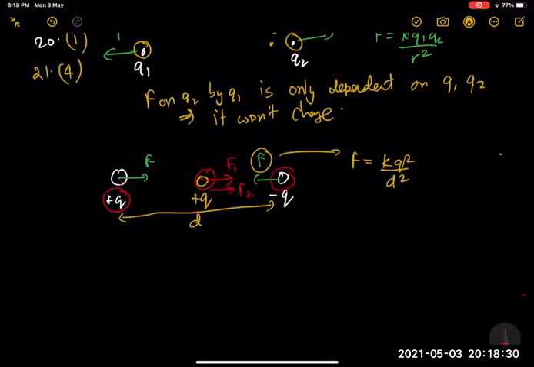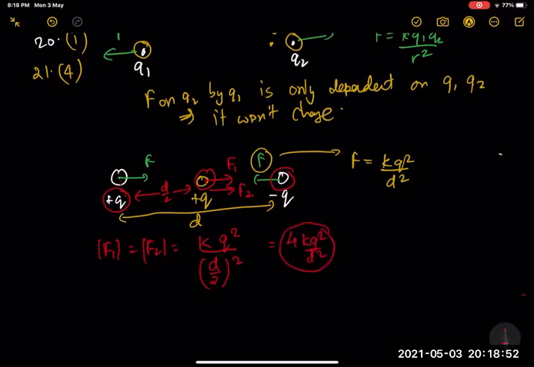And the magnitude of F1 will be equal to the magnitude of F2, and it will be equal to k q square by the distance, which will now be d by 2 the whole square, because this distance is d by 2. This is equal to 4 kq square by d square, and this is one of the forces F1. So the net force is 2F1, which is equal to 8 kq square by d square.